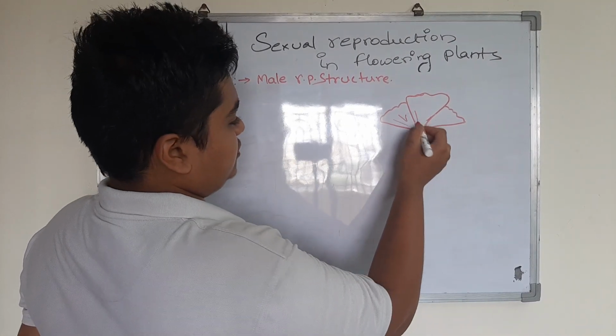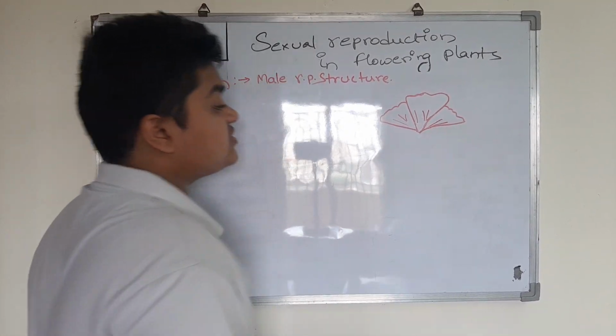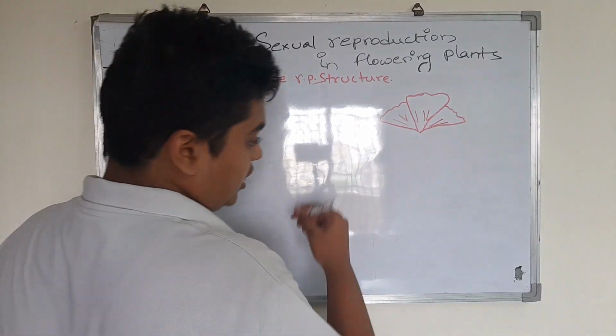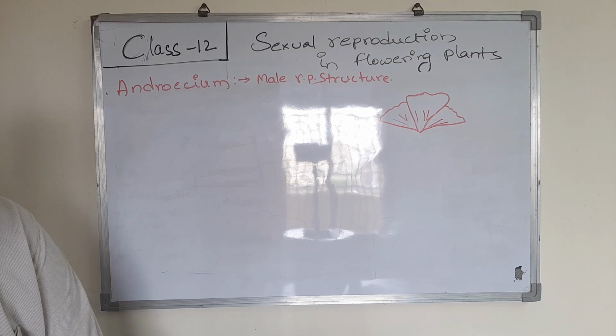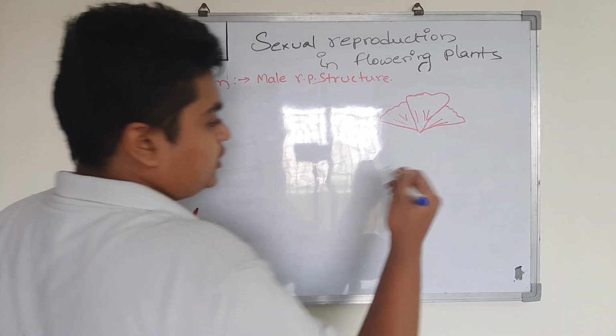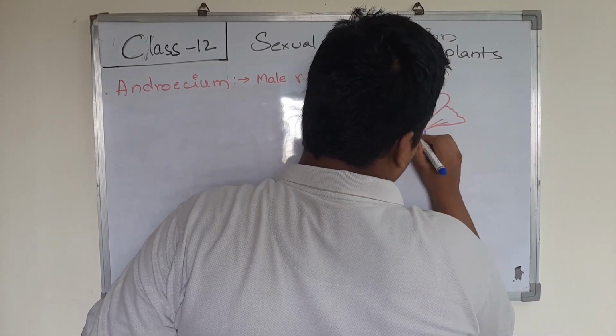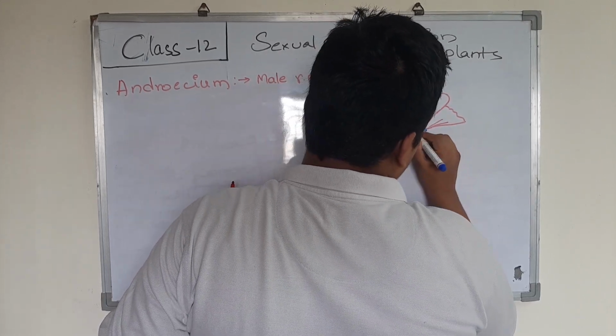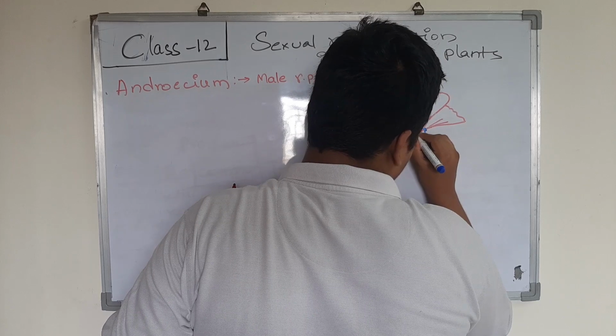I am drawing that flower here. I am showing you the outer part. I am not going into the very deep inner part. I will show it in a while.